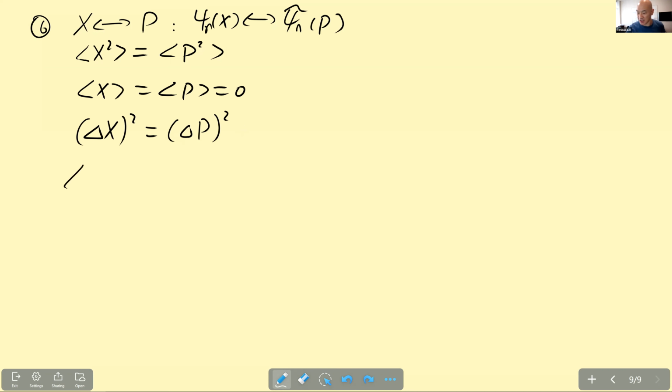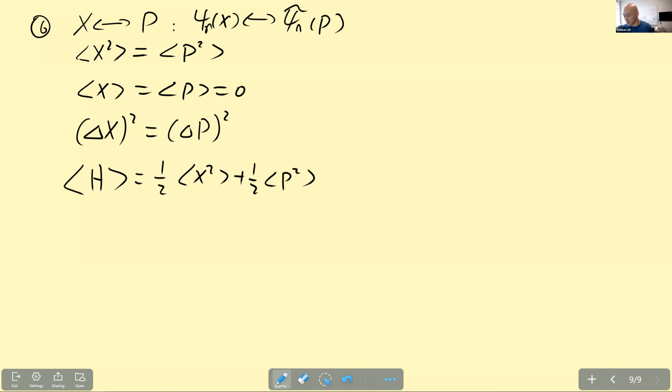And look at the energy. The energy is just 1 over 2 x squared plus 1 over 2 p squared. It's just the kinetic energy and the potential energy, right?